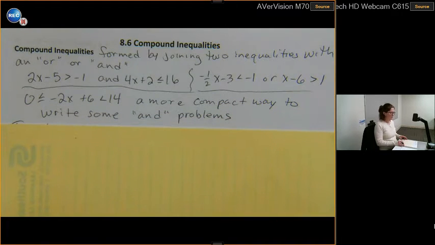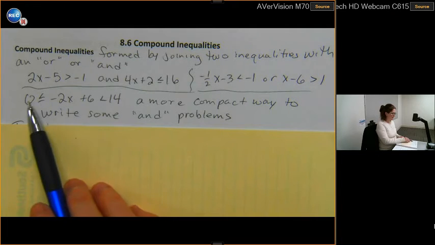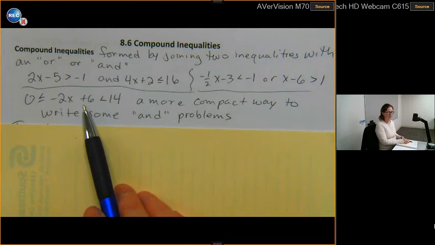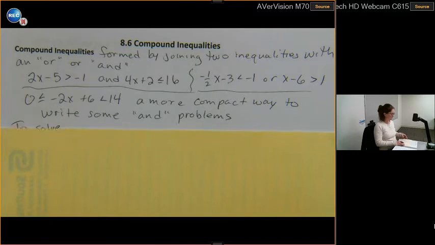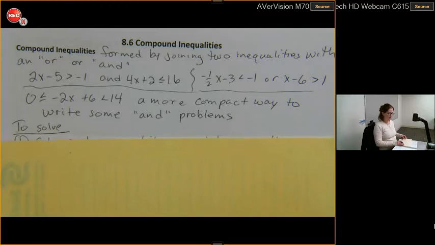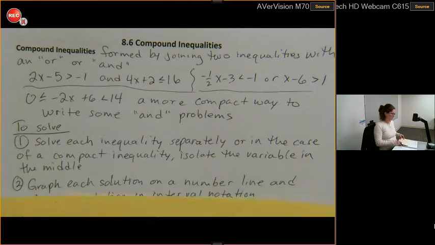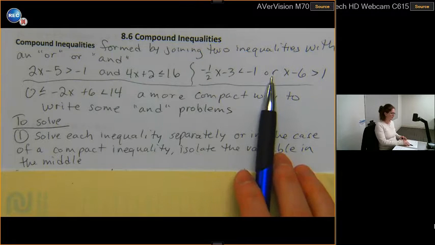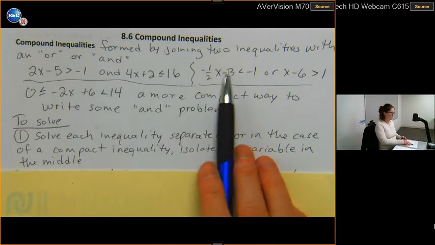There's also a more compact way to write some "and" problems, and that is by having the two inequalities with my variable expression in the middle. To solve these inequalities, we're going to solve each inequality separately. If I have the word "and" or "or" in the middle, I just solve each problem on its own.